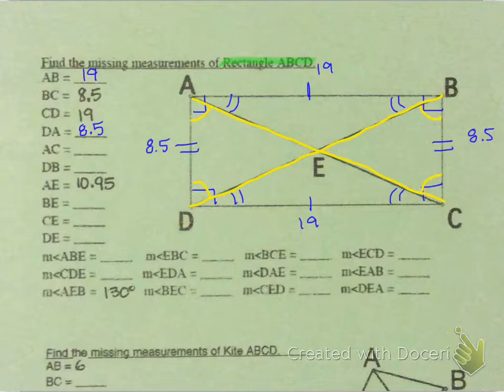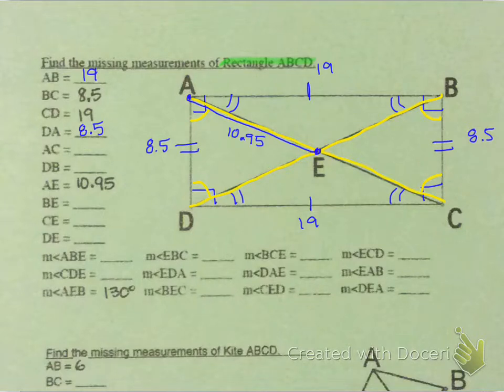They told me that the part of the diagonal that's AE, from A to E, is 10.95. That means all the other halves of the diagonals are the same size, because the two whole diagonals are congruent and they both bisect each other.